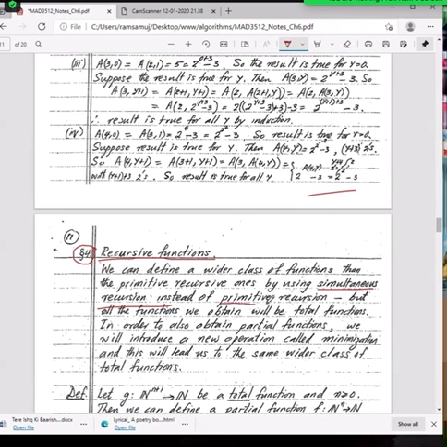And in the case with the Ackerman function, I did it with the first, and the second was the only 2. But all the functions we obtain will be total functions, and it is not a nice class of functions. So in order to obtain partial functions, we need to introduce a new operation called minimization. And it turns out, I actually happened to meet Kleene in 1990. He was an old guy.